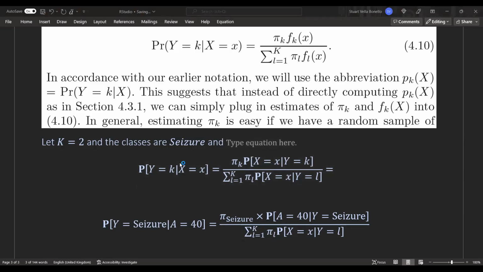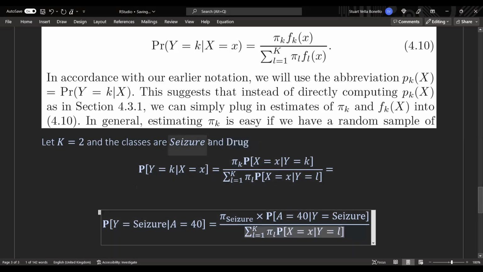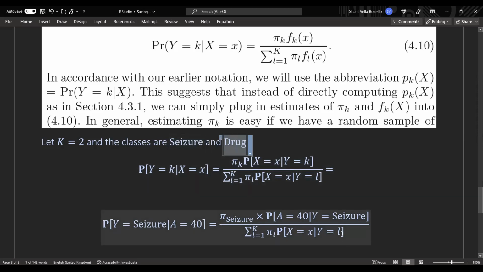Overdose. I'll just type drug overdose. So now what we get is these are our two classes: l equals 1 for seizure, and l equals 2 for drug overdose.